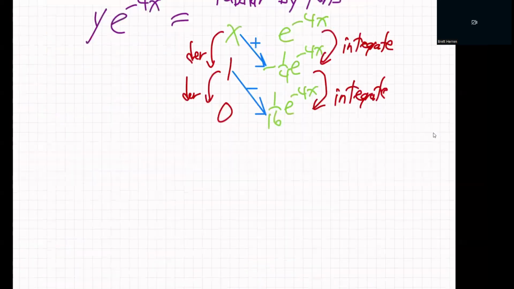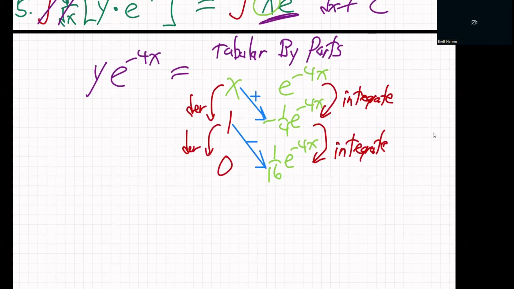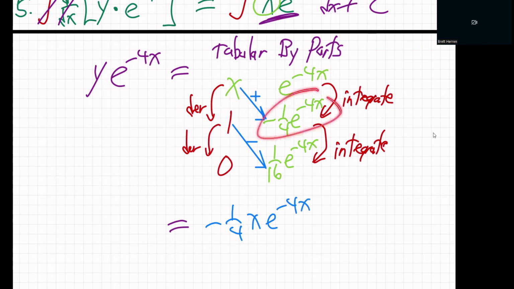Okay, so what does all that mean? Well, that means the right side has become x times minus 1/4 e to the minus 4x. So that is minus 1/4 x e to the minus 4x, right? I just put all that with that, and there's a plus. So it's positive times negative, so it'd be negative.